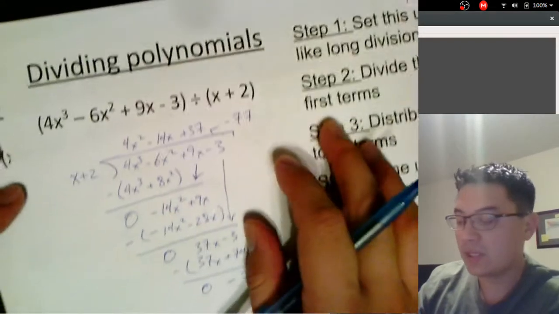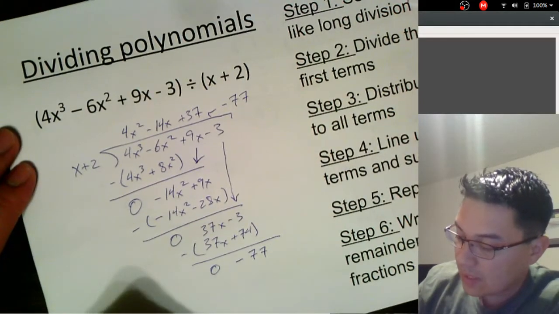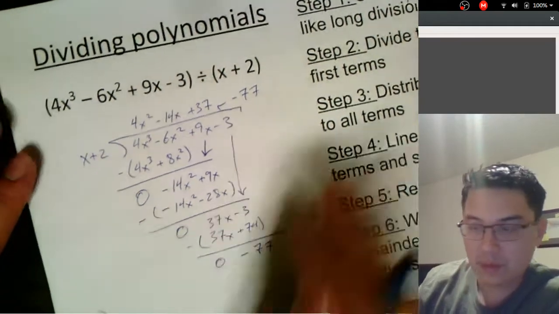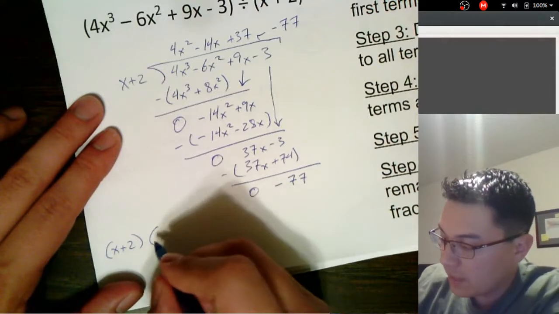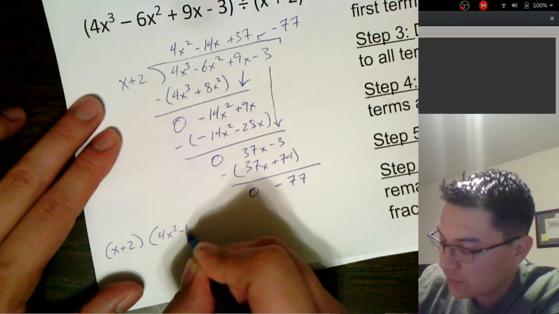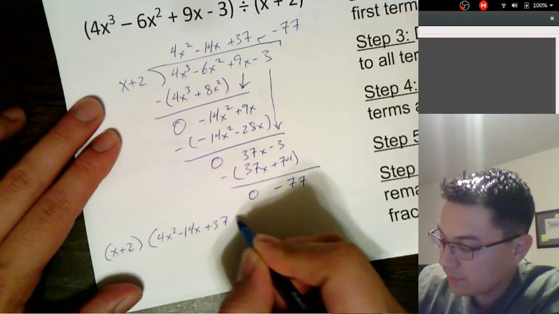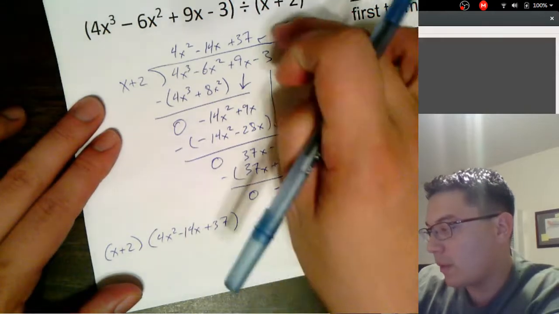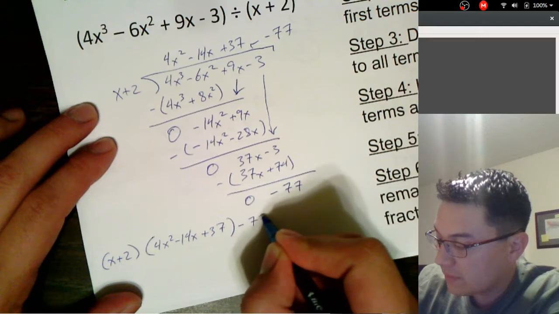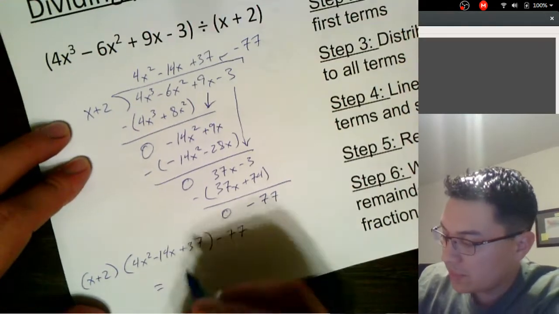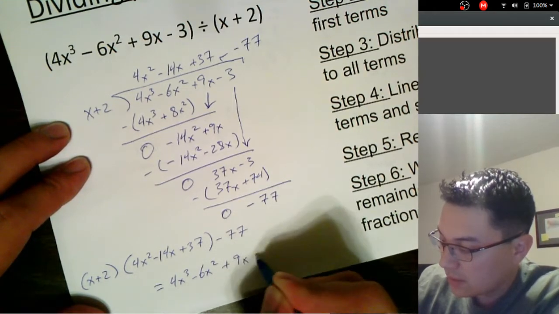You guys can confirm this. You can do lattice multiplication, like when we were doing polynomial multiplication, and you can see that x plus 2, multiplied by 4x squared minus 14x plus 37, and then we have a remainder of negative 77, minus 77, will be equal to 4x cubed minus 6x squared plus 9x minus 3.